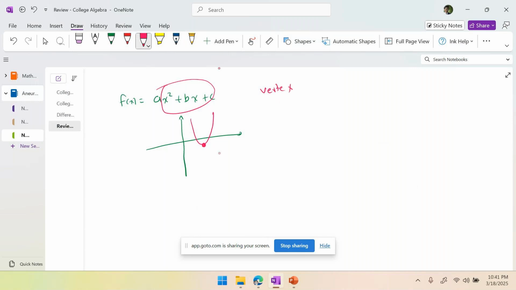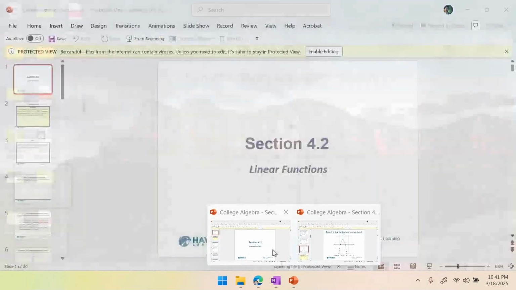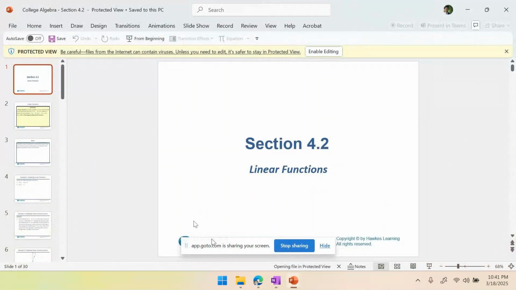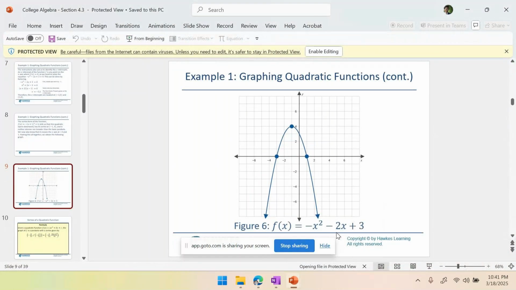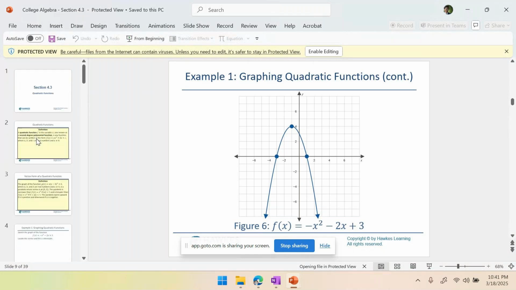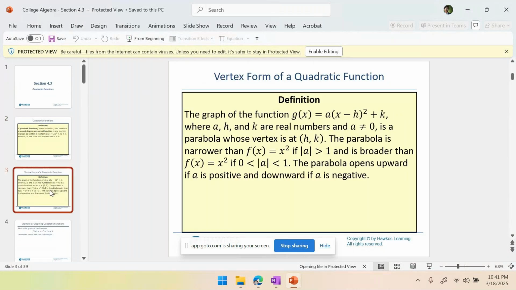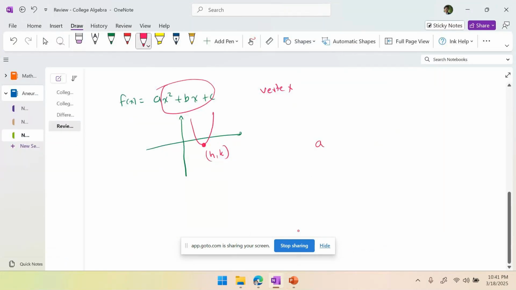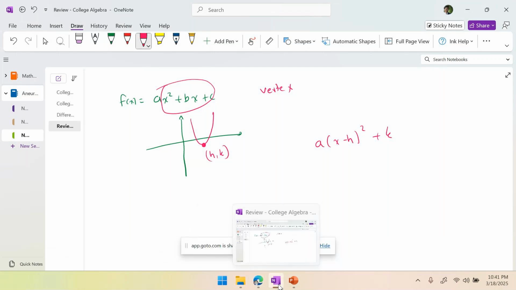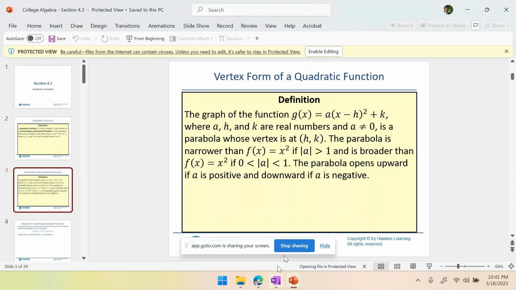Vertex means the coordinate at this turning point. It's called h comma k. There are a couple of methods to do that. The easiest one is this: if they give you the format a times x minus h squared plus k, then we can directly extract the coordinates of the vertex as h and k.